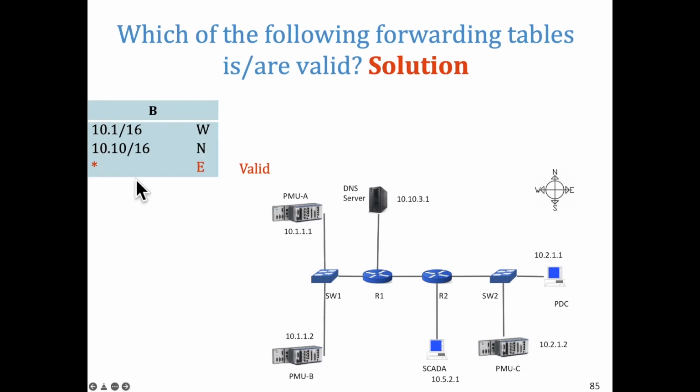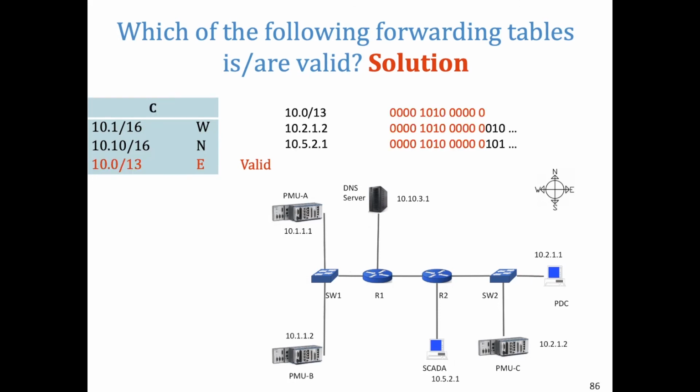What is an example of a correct forwarding table? It's this one. If a packet is destined to some addresses here, 10.1 something, we will forward it to the west. If the address is 10.10 something, such as the DNS, we will forward it to north, and others to the east. Some of the forwarding tables are a bit more sophisticated.